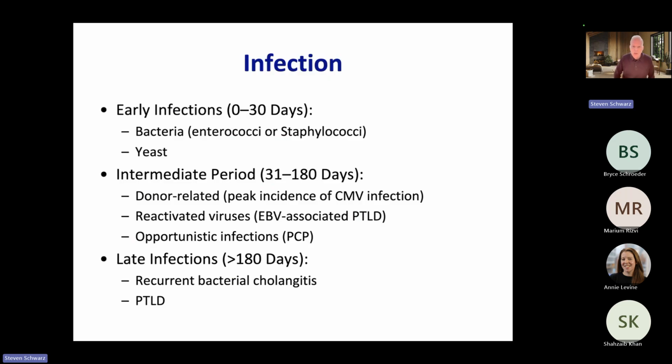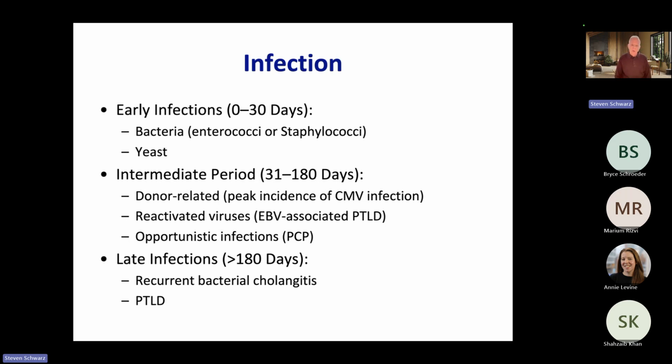Infection, of course, is going to be a problem in the post-transplant period. Early infections are generally enterococcal or staphylococcal, although yeast can also be seen. The intermediate period is the peak for donor-related infections. This is CMV. And again, this is when you're first going to see a post-transplant lymphoproliferative disorder related to a reactivation of Epstein-Barr virus infection.